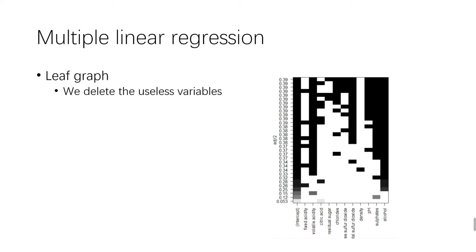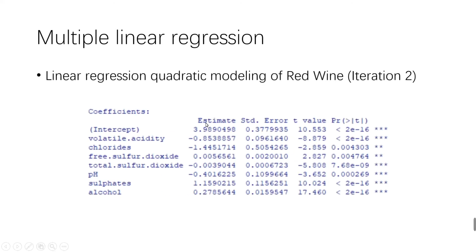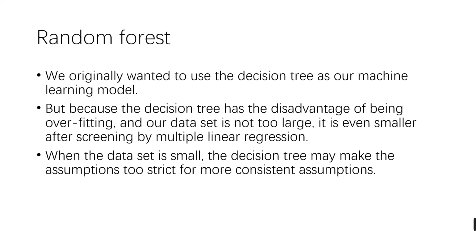And we delete the useless variables, just here, the citric acid, the density, and something else. So now we do the iterations of the linear regression: first, second, and third.